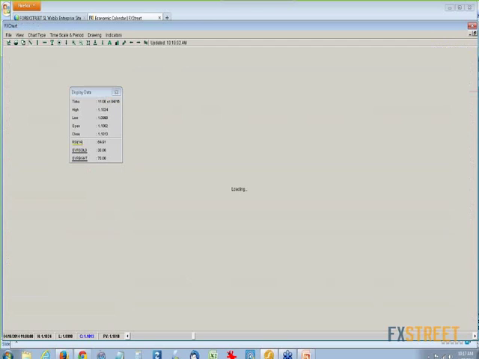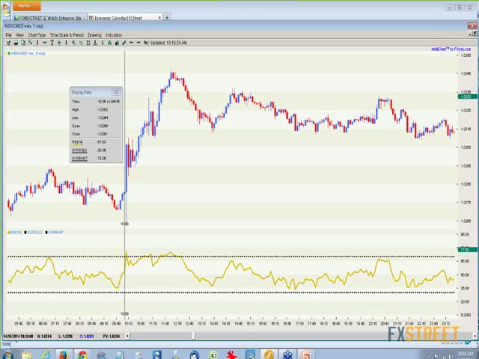So here's Aussie CAD, which is another part of this Australian CAD complex, right? And again, this is positive news for the Aussie, negative news to the Canadian dollar, obviously making the Aussie CAD go up. The first 5 minutes, the RSI goes to 74. Then it drops down to 60, below 64.